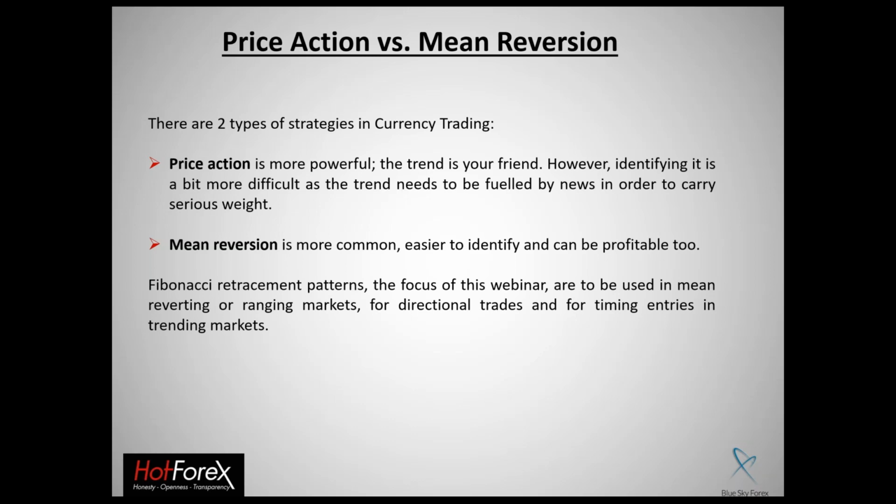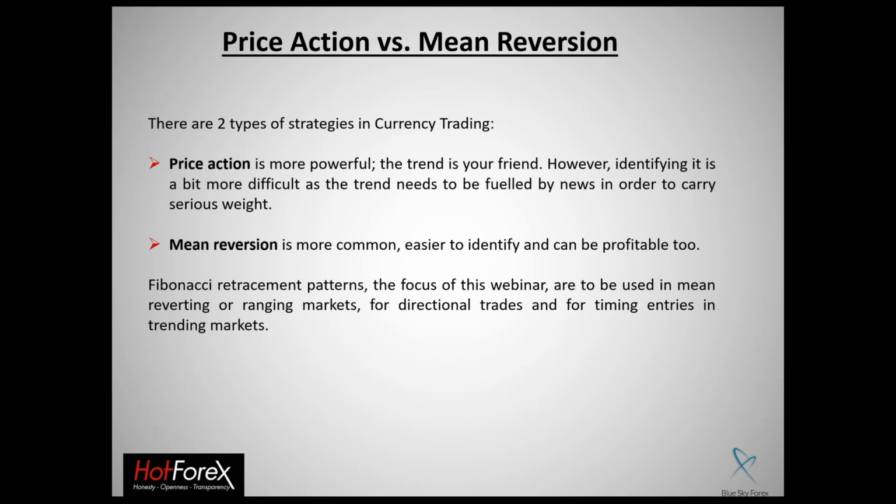It is more common. It is easier to identify because the price is essentially bouncing between the nearest support and resistance level. Ranging markets can be profitable, and again, they are easier to identify.